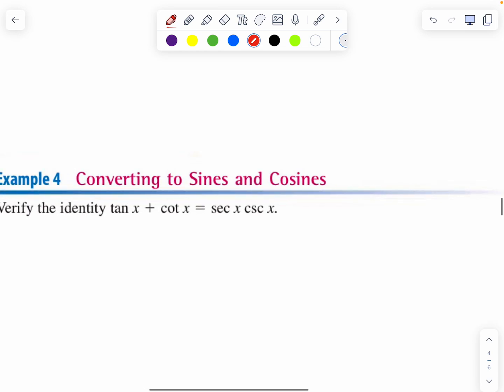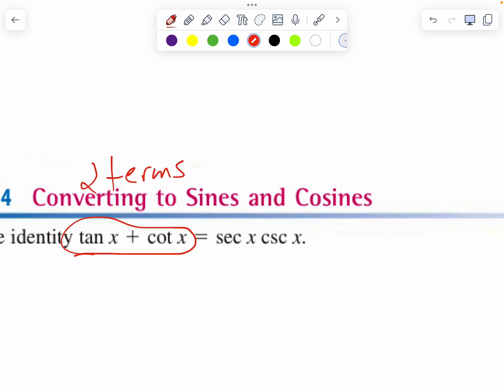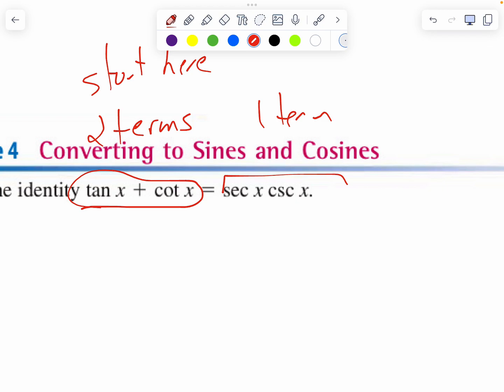So in the next one, in my opinion, I think that adding and having two terms is more complicated than having one term. So I'm going to start on the left side, because I think I'm going to try the concept of convert everything to sines and cosines.